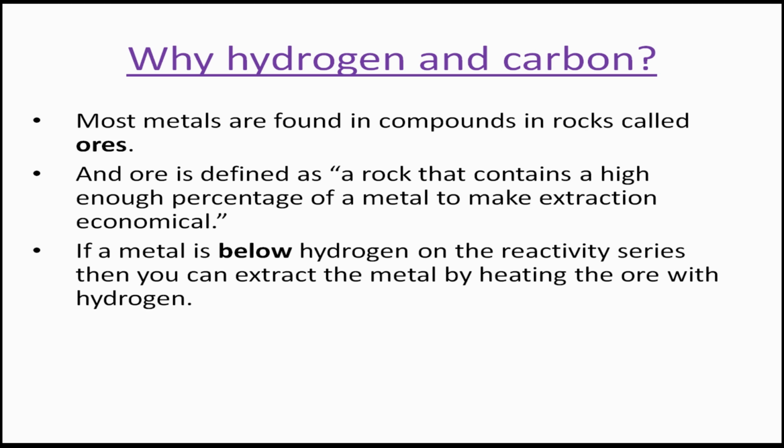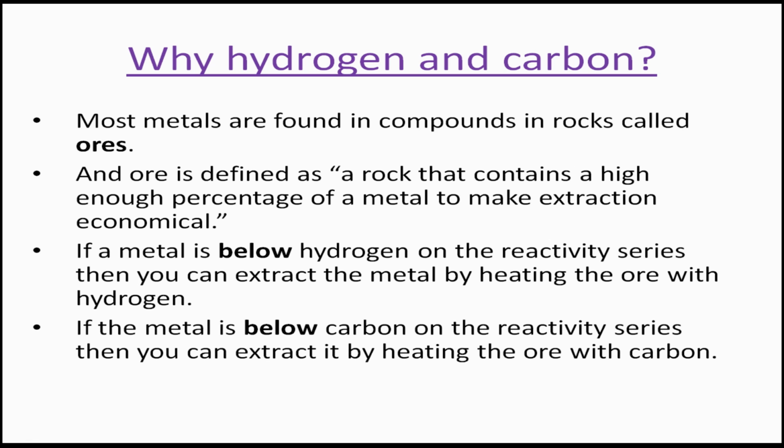If a metal is below hydrogen on the reactivity series, which on the reactivity series we've looked at contains copper and gold, but you can also put other metals in there as well, then you can extract the metal from its ore by heating up the ore and passing hydrogen over the ore, and the hydrogen will react with whatever the metal is reacted to, and you'll get your pure metal.